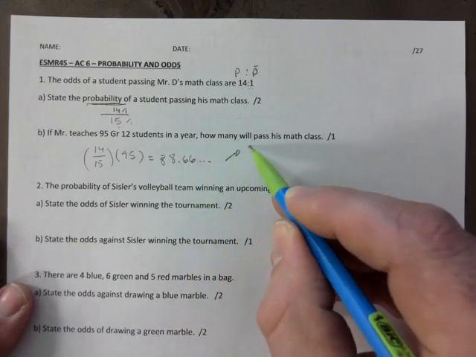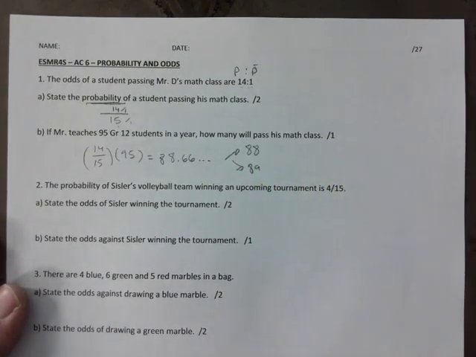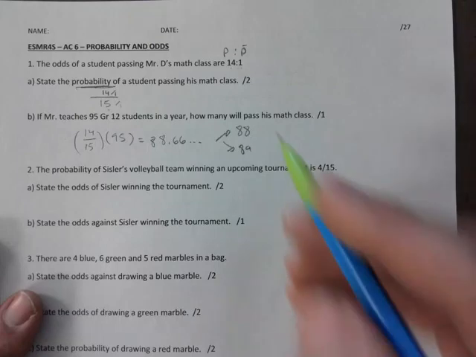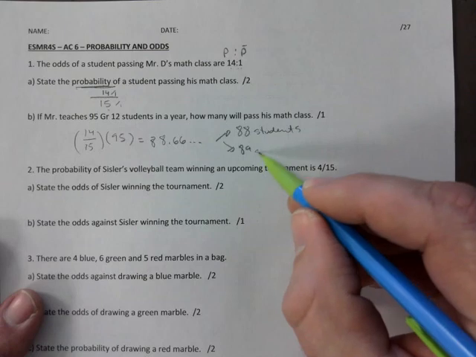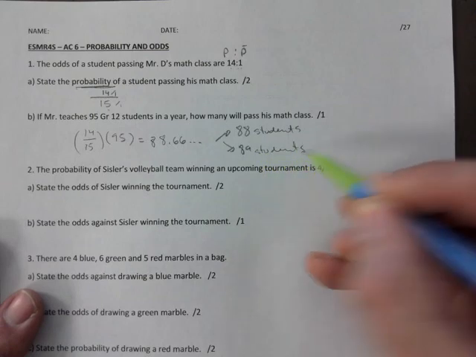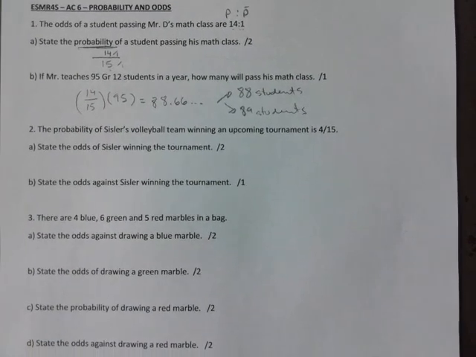So you can say either 88 or 89, whichever one you chose. Okay, let's just make sure. I would always recommend when you're figuring out number of, just put a unit there, whatever is associated with that scenario.